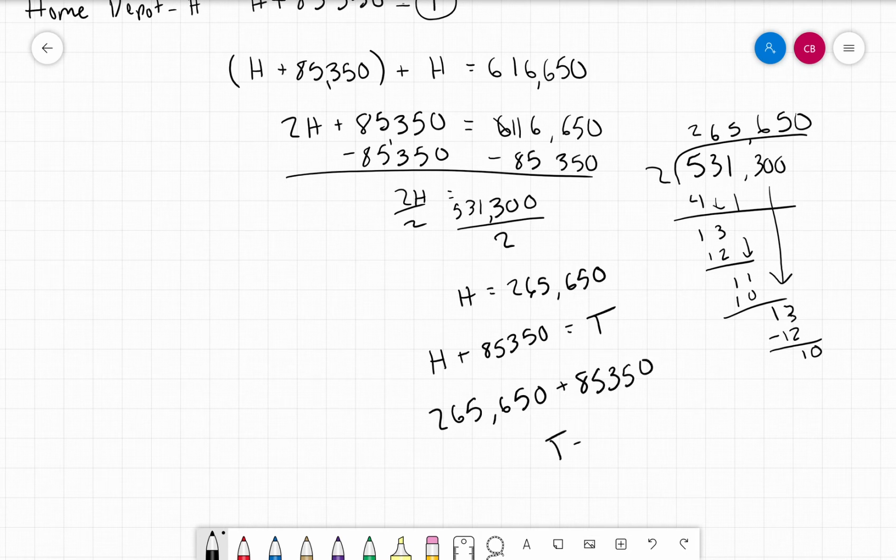We have T is equal to... wait, what? No. Uh-oh. Did I do something wrong?